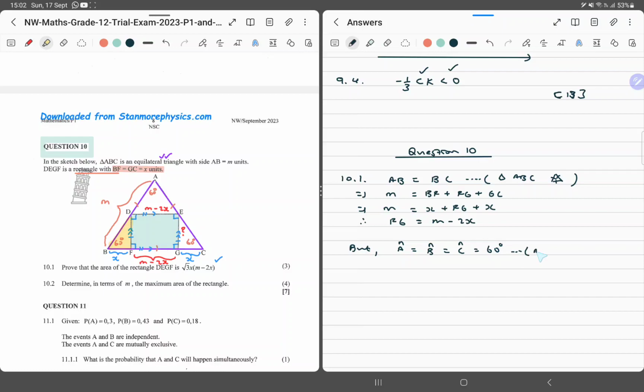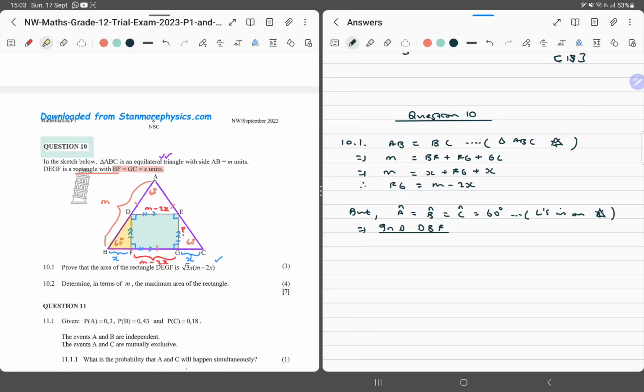These are angles in an equilateral triangle. They are all 60 degrees. This implies that in triangle DBF, nice and easy.